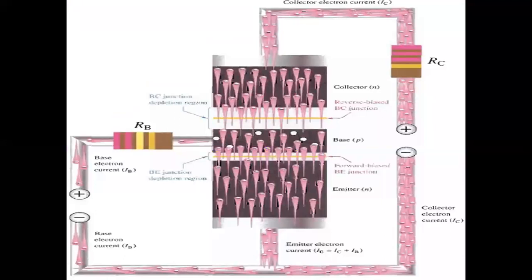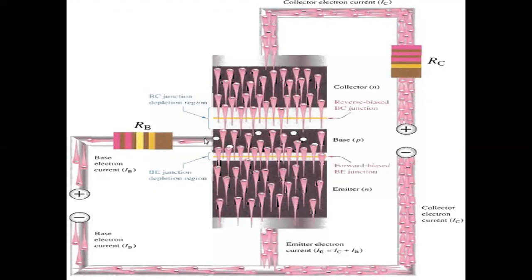So here, the flow of electrons and holes in the forward biased condition system and the reverse biased condition system initiates. So the emitter emits electrons.